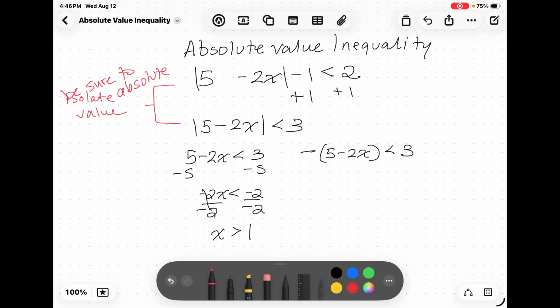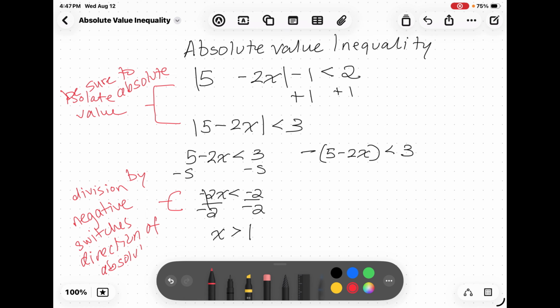Here, I might say division by negative switches direction of inequality. Oh, a lot of words there.